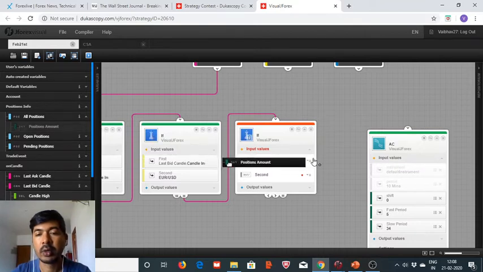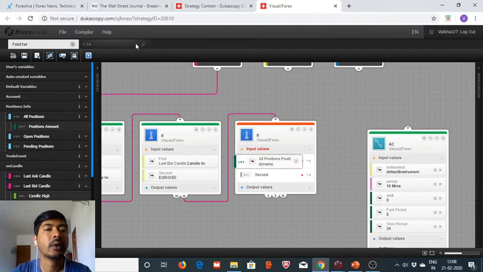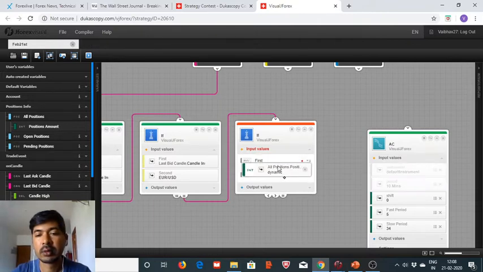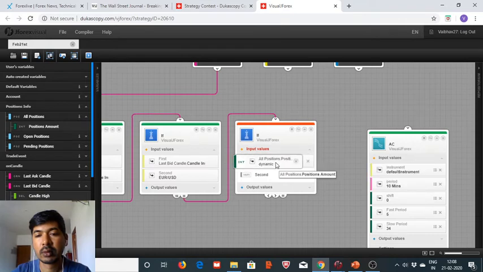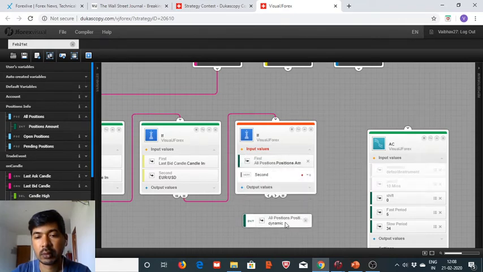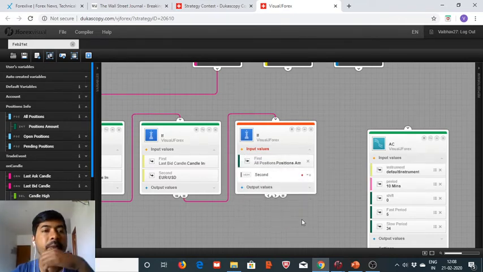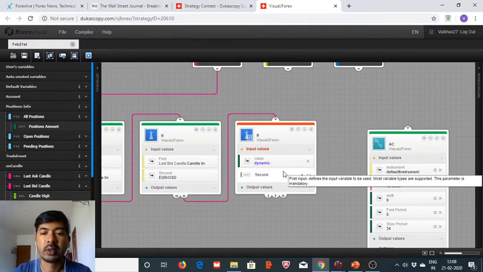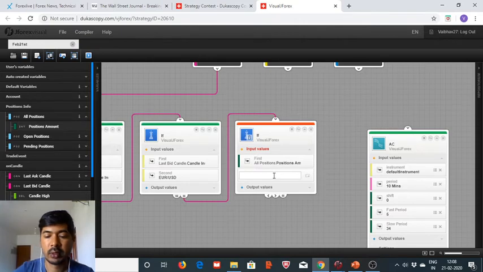So it will include pending as well as open positions. Let me close this. So here all position amount is 0. Let me write 0 here. So I have written 0.